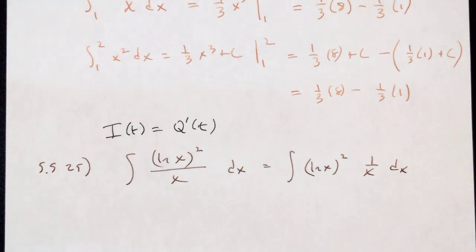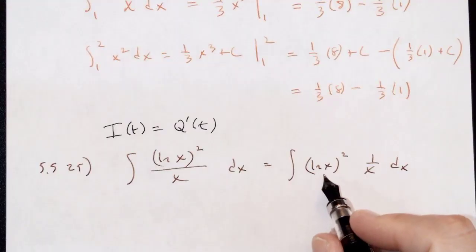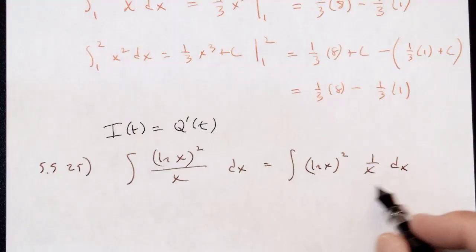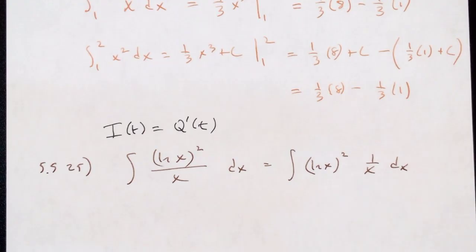And again, I see clearly an inside and an outside. This step is technically unnecessary, but I find it much more clarifying to then be able to say, oh, here's an inside. What's the derivative of ln of x? It's 1 over x dx. There we go.